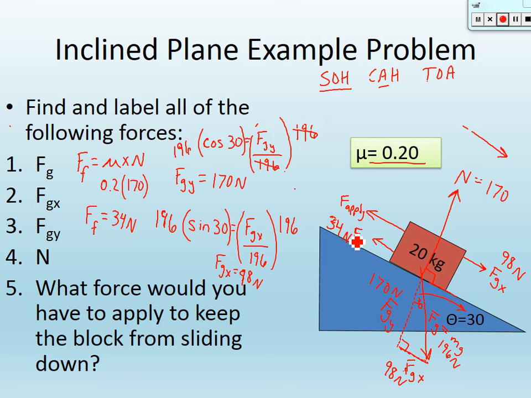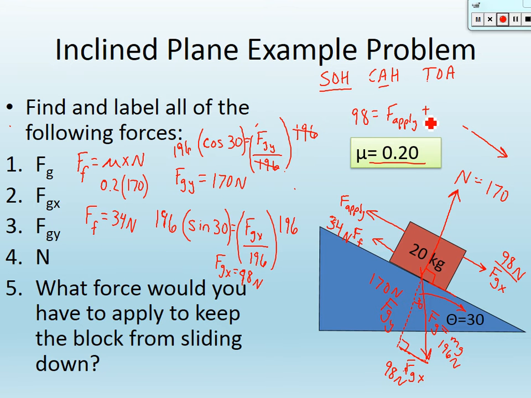All right, now, let's go back to what it said. What force would you have to apply to keep the block from sliding down? So you just want to hold it there. If it's not moving, what does that tell us about the forces? That they're balanced, right? So everything down equals 98. So that means everything up has to equal 98. So everything down is 98, and that's got to equal everything up, which we don't know force applied.